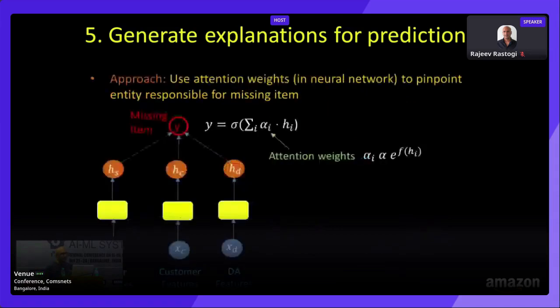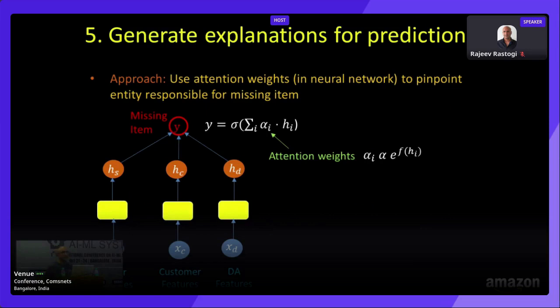And here we use attention weights to pinpoint the entity that's responsible for the missing item. The way it works is we take the customer, seller, and the delivery associate features and feed them into a neural network.